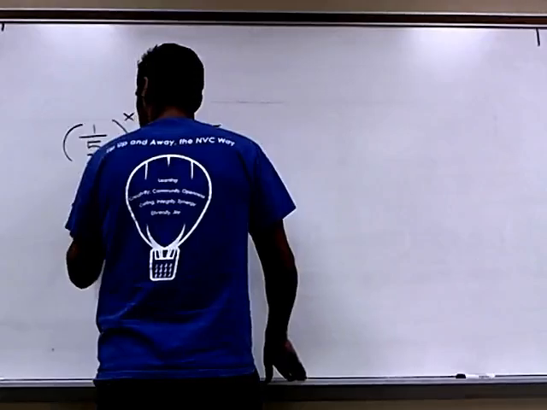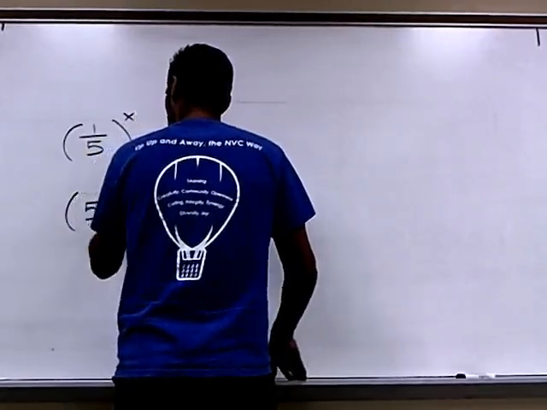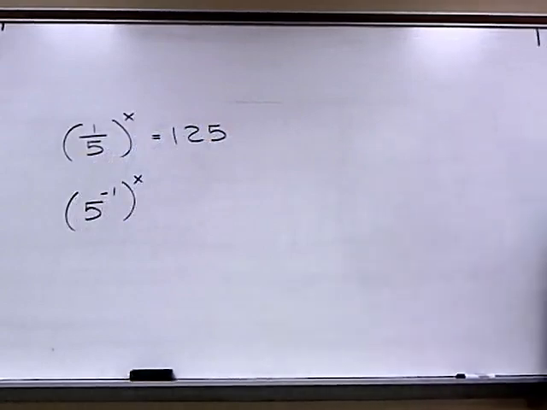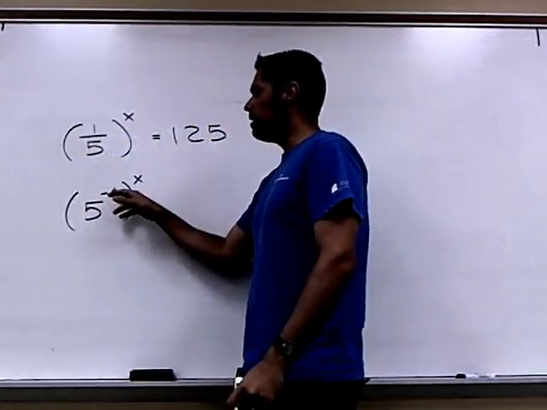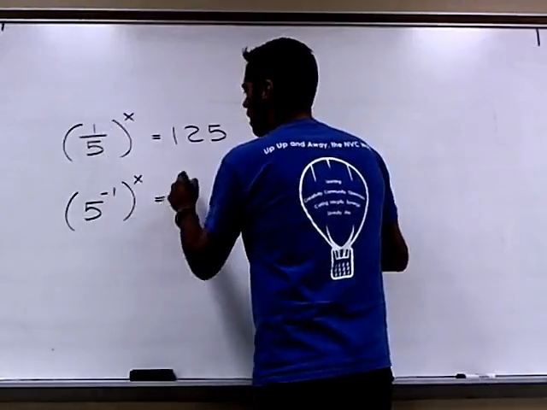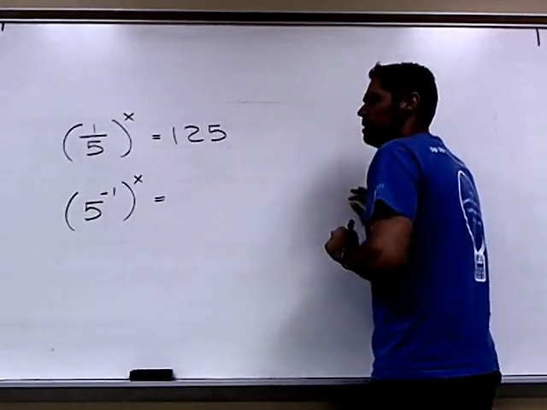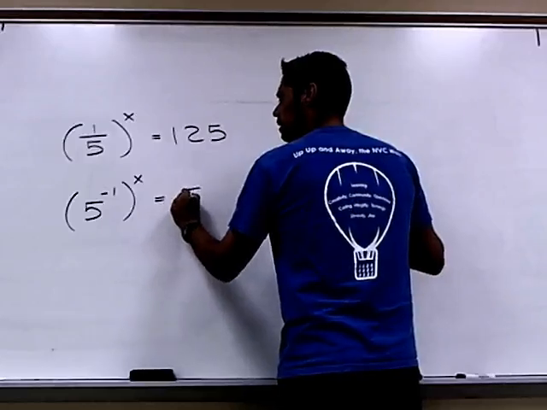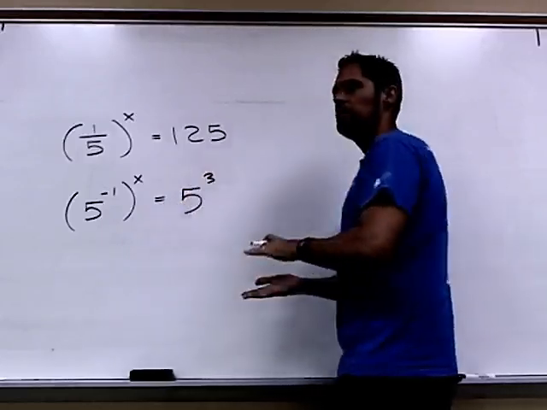Tell me if you agree. Taking 5 and raising it to the -1 is the same as 1/5, yes? And on the right-hand side, 125 is 5 to what power? Third power, 5 times 5 times 5.